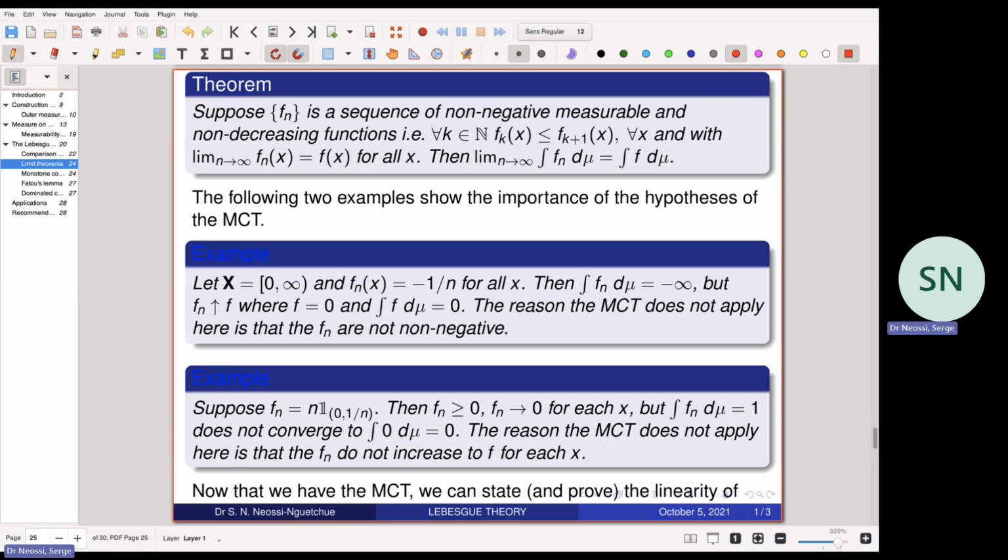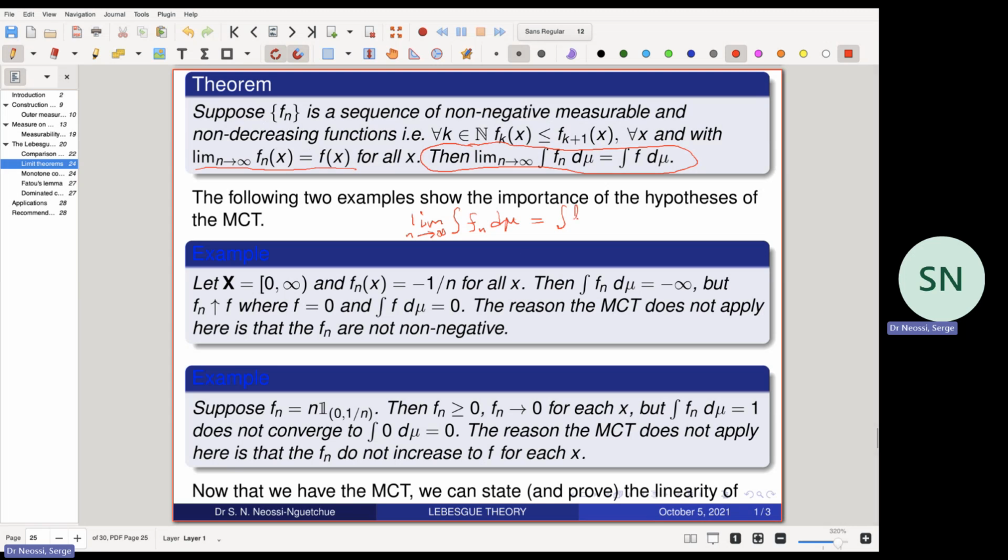If you rewrite this last result, replacing this f as the limit of the fn, we can rewrite it as the limit of the integral of fn dμ when n goes to infinity equal to the integral. Now this f, what is f here by definition? f is the limit of the fn.